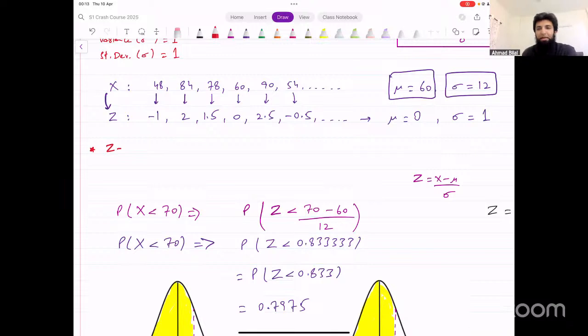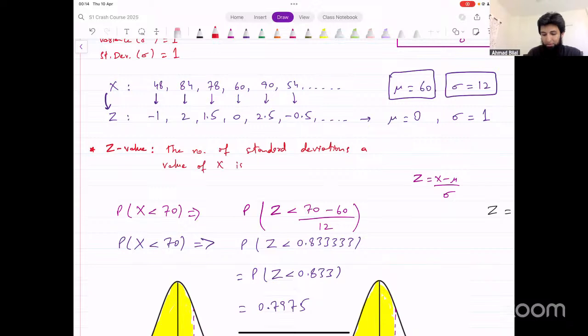The z value basically represents the number of standard deviations a value of X is above or below the mean value.